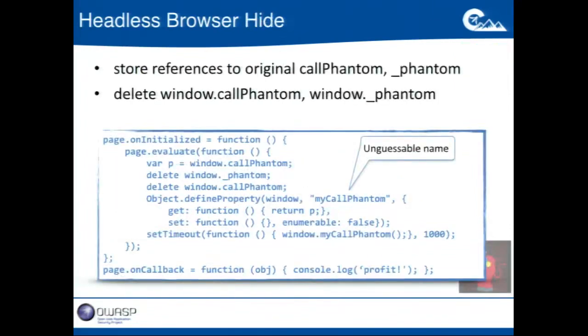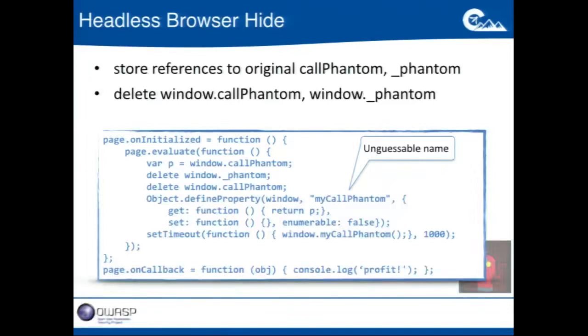A solution here is to save it somewhere else and define a property on window, or whatever thing you can rely on. The property name will be something the page cannot guess. Then set the property to be not enumerable, enumerable: false.